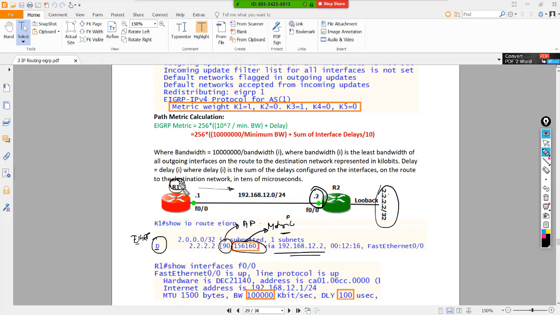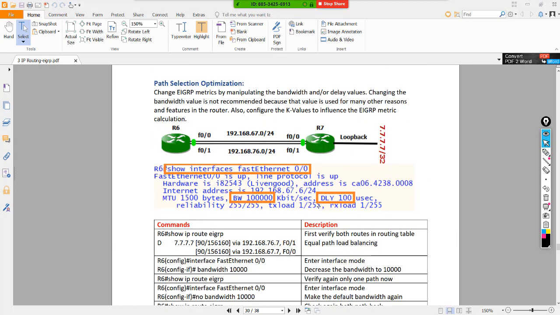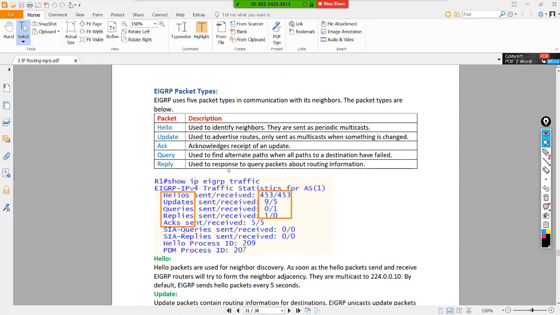So your routing protocol is going over this interface to reach this destination, and these are the values that have been stored. Path selection and all those things we can do in the next class.